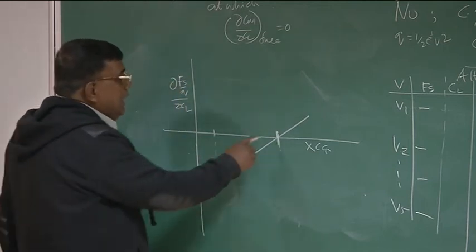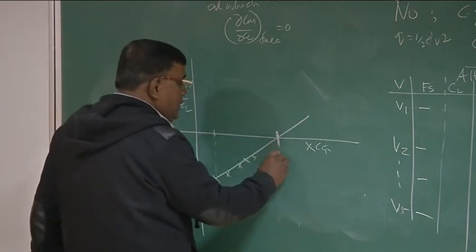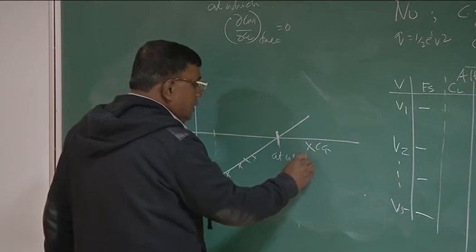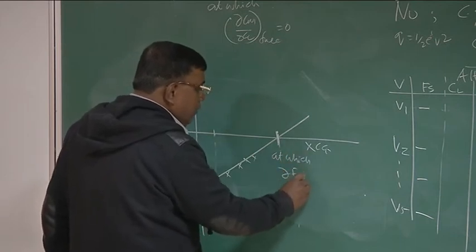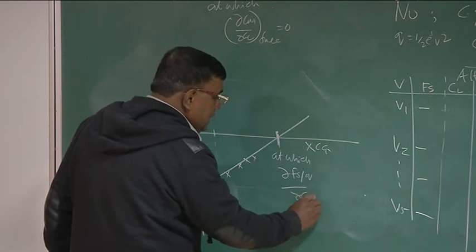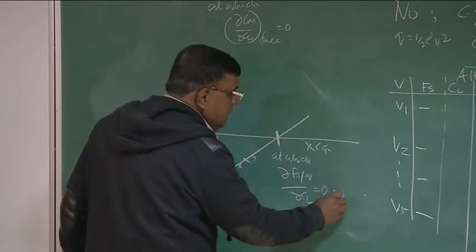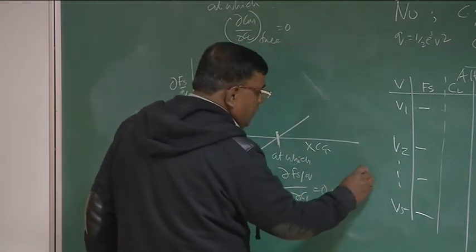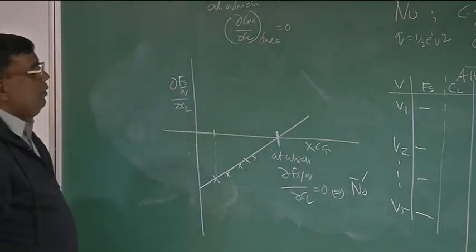This point is the XCG location at which dFs by Q by dCl is 0. So this is the CG location which we are talking about, the stick-free neutral point.